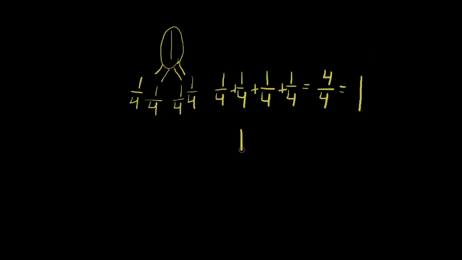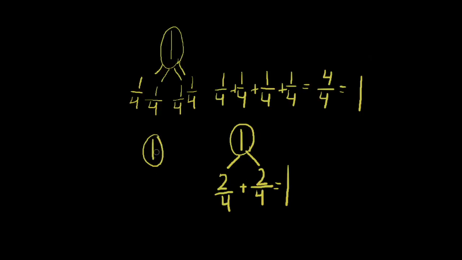Now we can decompose this in different ways. We can start with that same whole, number 1, and let's say I want to decompose it into just 2 parts, but I'm still dealing with fourths. I can break those 4/4 up into 2/4 plus 2/4, and that would still equal one whole, because the 2/4 plus the 2/4 equals 4/4.